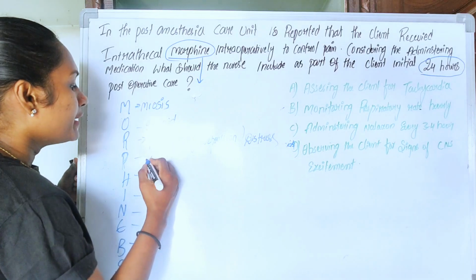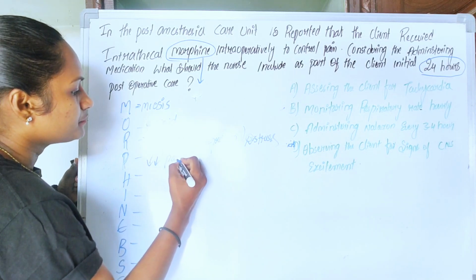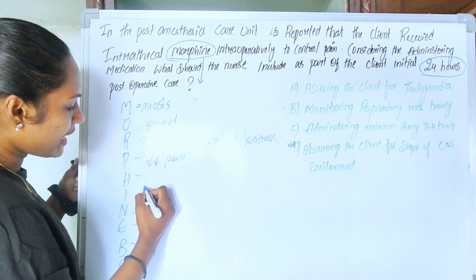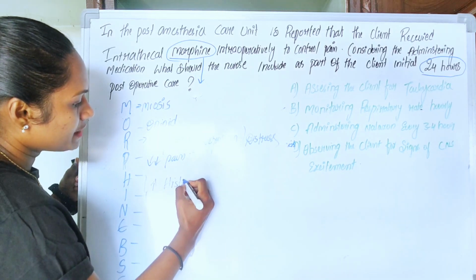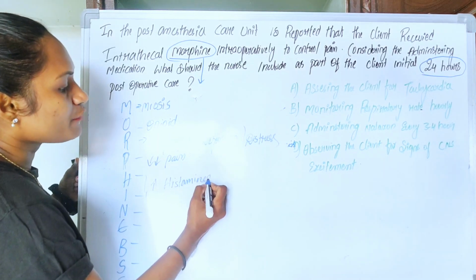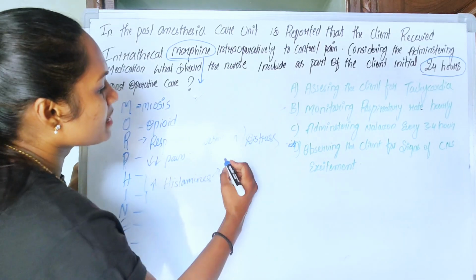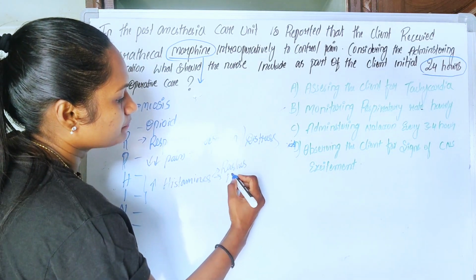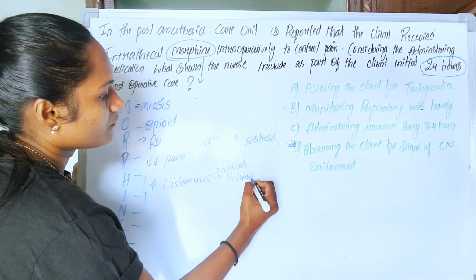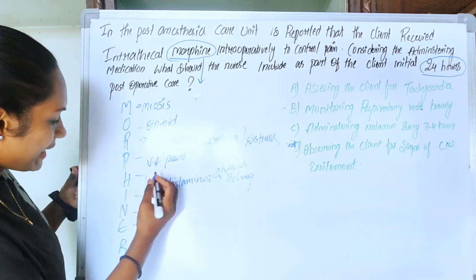P for decreased pain. H and I, increased histamines. Because of increased histamines, it causes rashes and itching. So these are the HI.